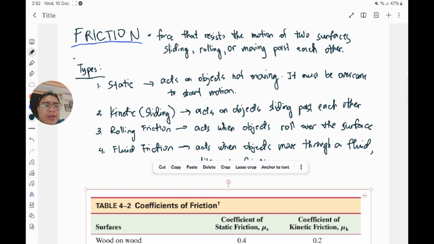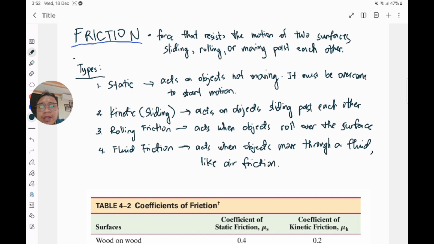Now, there are different types of friction as I have researched on the internet, and these are as follows. Number one is static friction. Static friction is a type of friction that governs objects that are at rest or not moving. In order for you to start a motion, you must overcome this static friction that is occurring on the object.